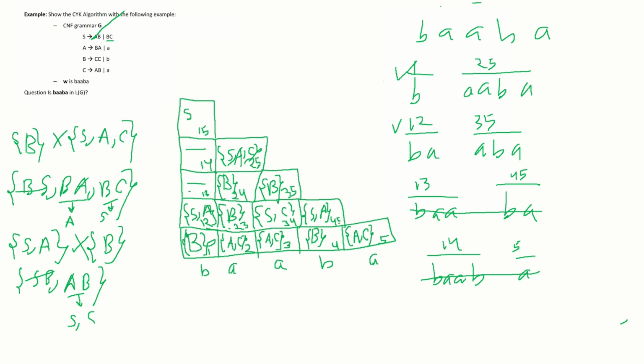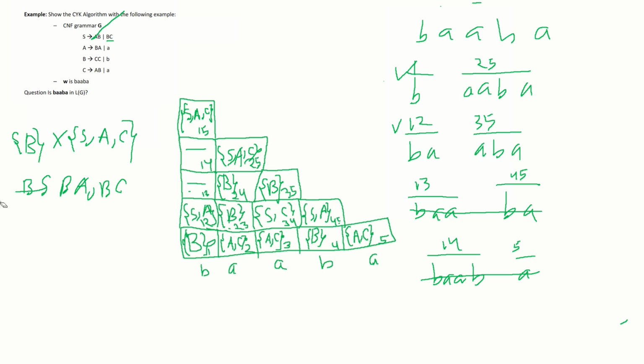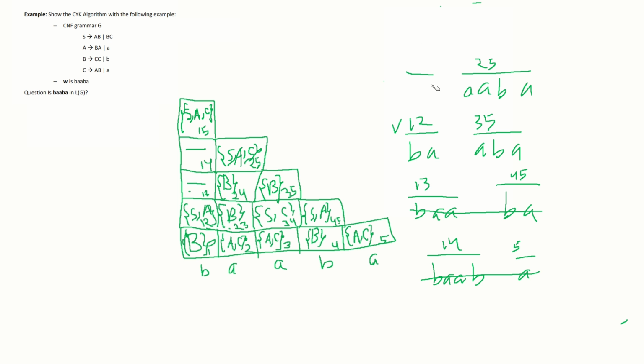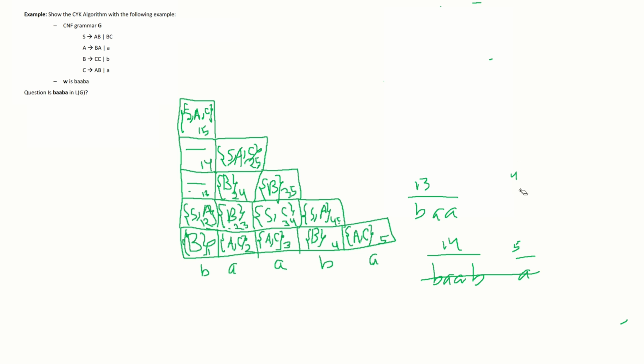Okay, this is S, A, C, right. Now we are already done with completing this table. Now our task is to check whether this string BAABA can be generated from our grammar or not.